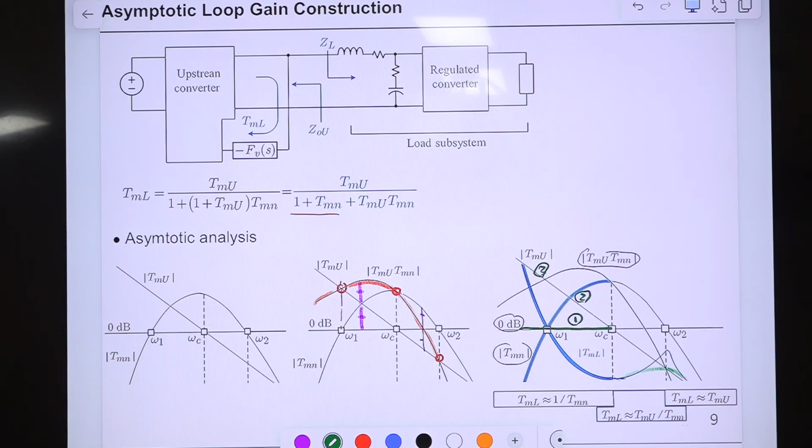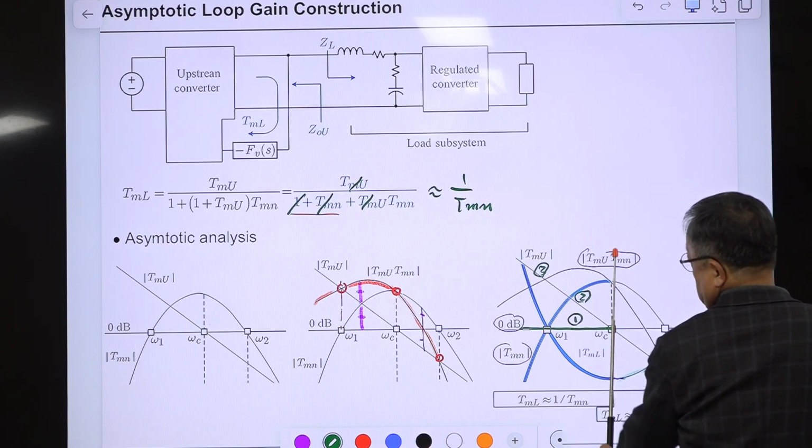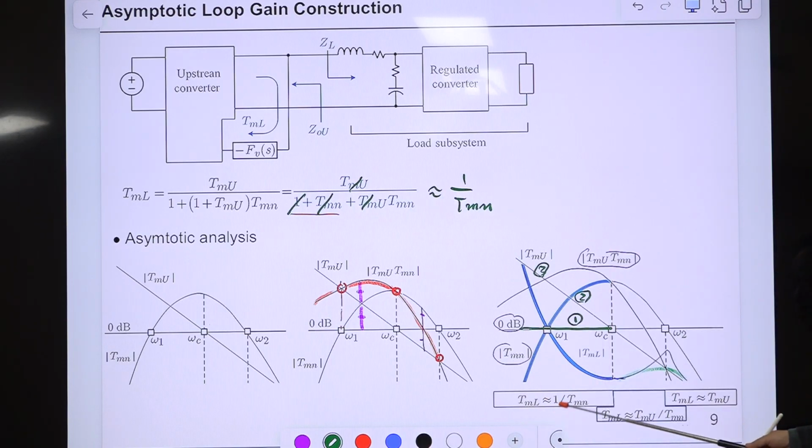So we get rid of this. We ignore this. Then the remaining is this. Then this one cancels with this. And the remainder is what? 1 over TMN. So from the graphical construction, up to this point, this is simplified. TML is approximately the same as 1 divided by TMN.